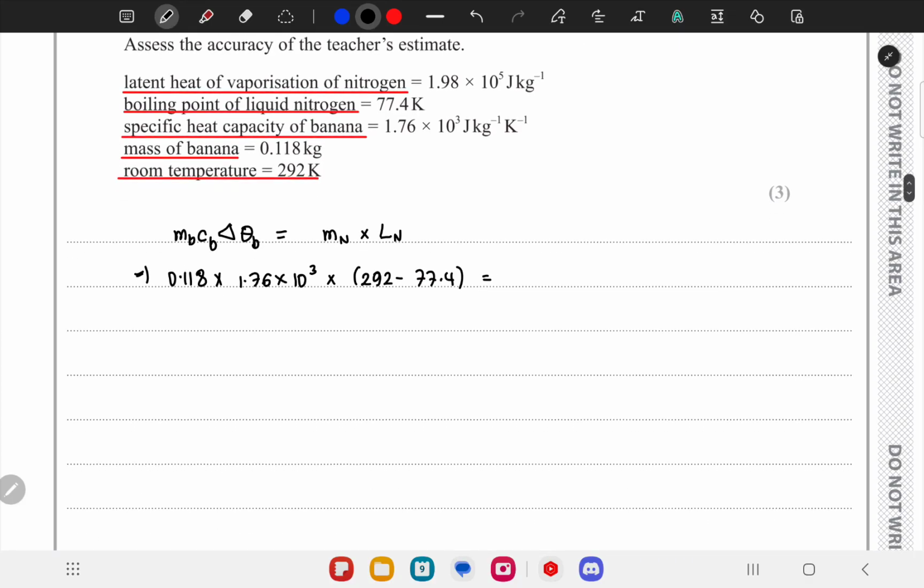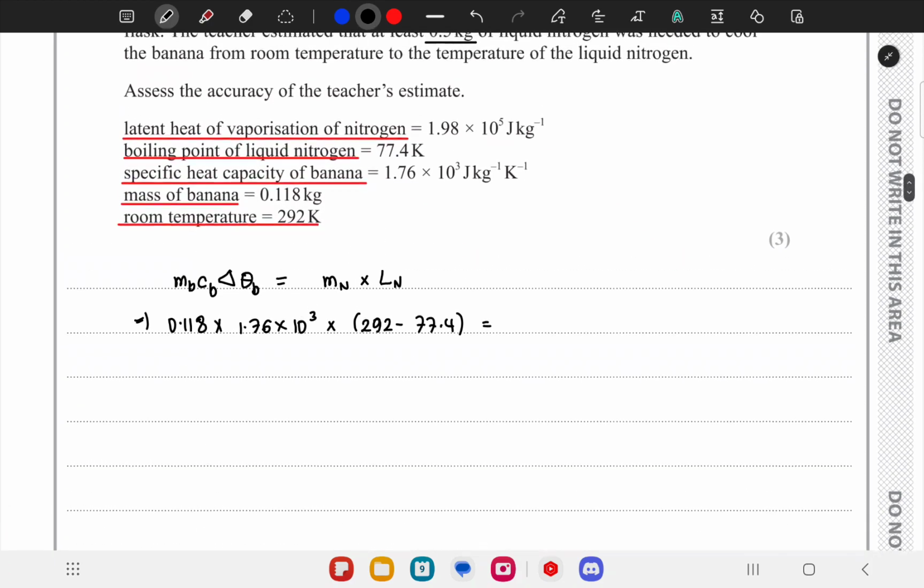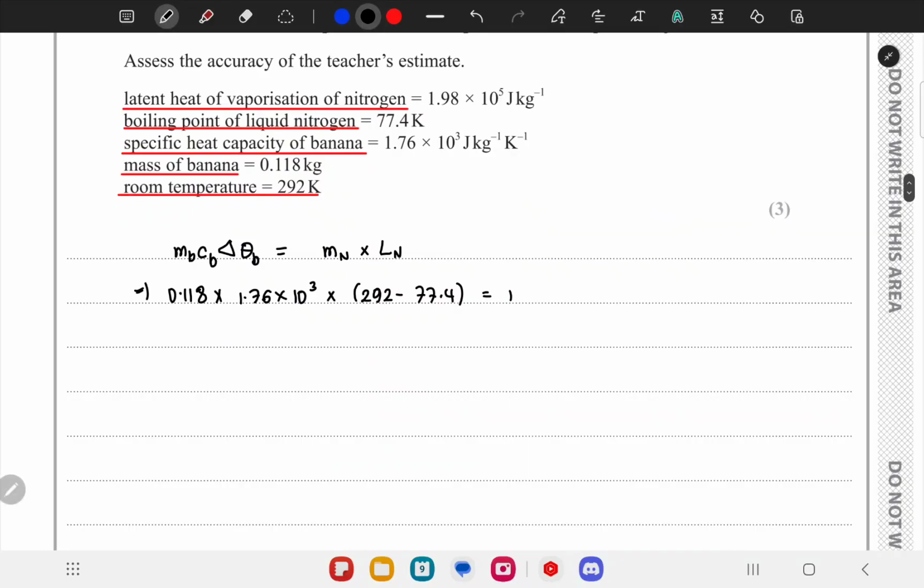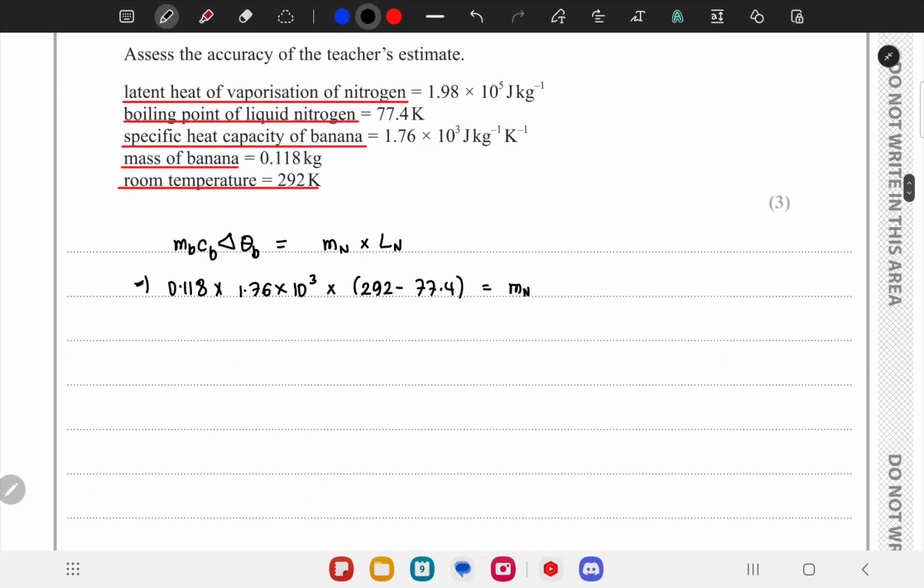The mass of nitrogen, we need to find the mass of nitrogen and check if this matches with the teacher's estimate of 0.5 kg. The latent heat of vaporization for nitrogen is 1.98 × 10^5.